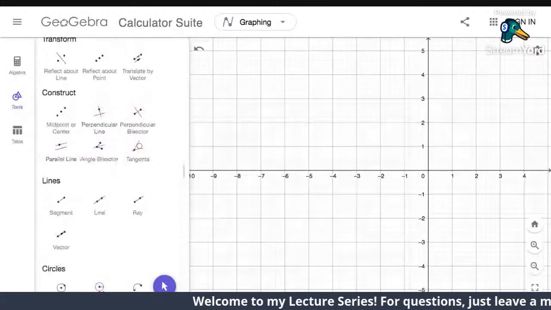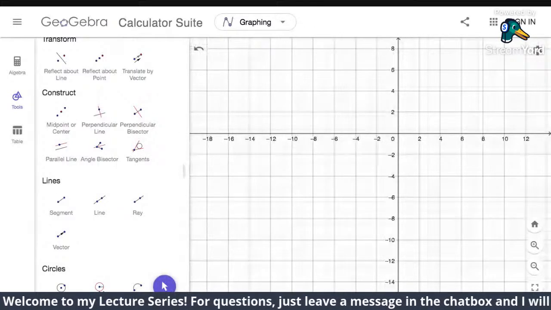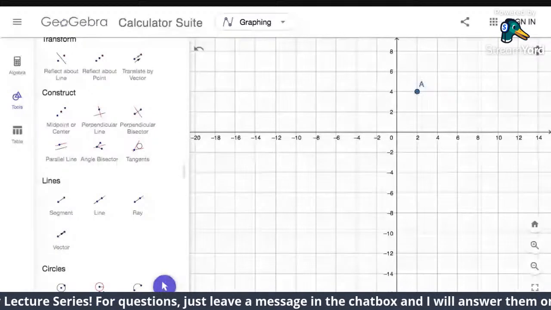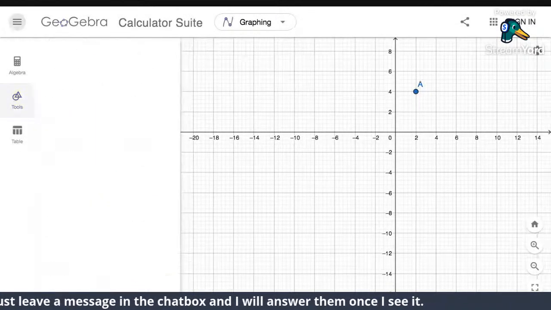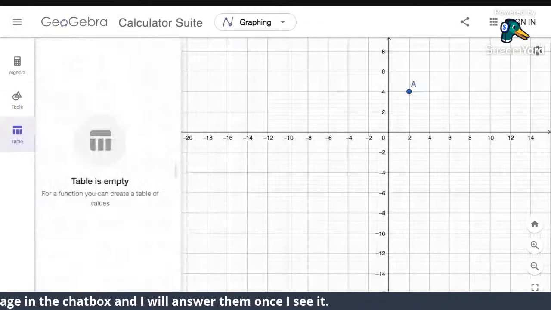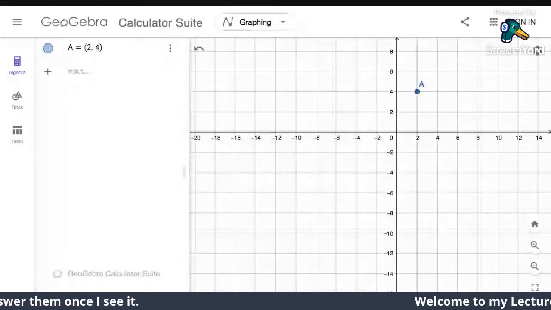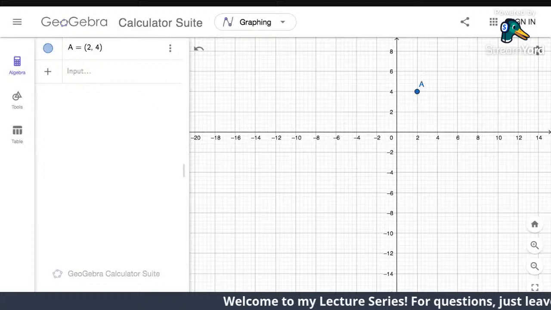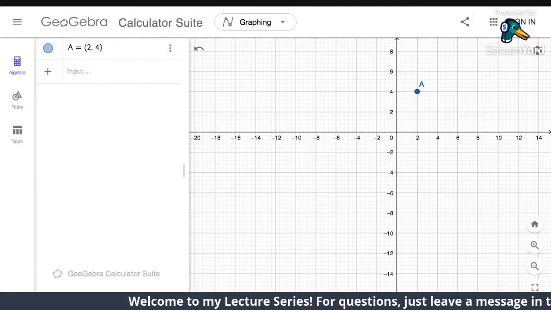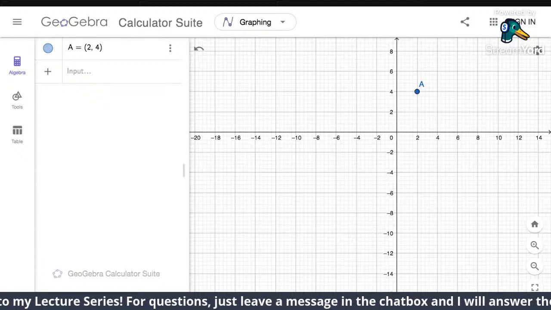So if I'm going to plot a point here, you have that point. And we know that point A here has the coordinate 2, 4. If I take another point on the second quadrant, let's say this point.